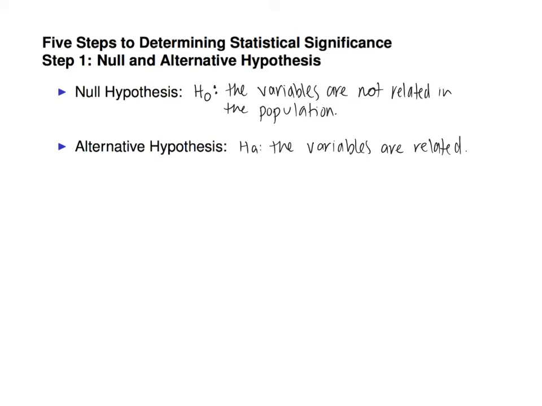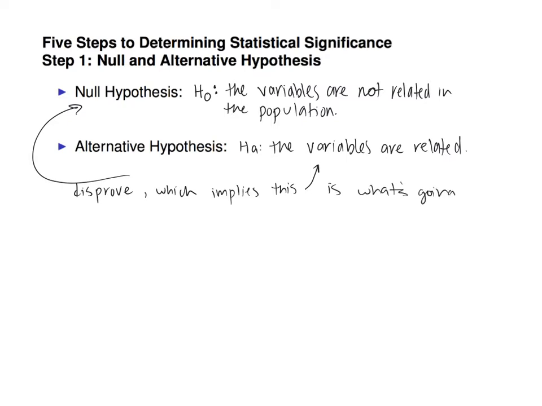What you're trying to do is disprove the null, which implies that this is what's going on. So the null hypothesis is the thing you're trying to knock down, and then the alternative is the thing that you accept instead.